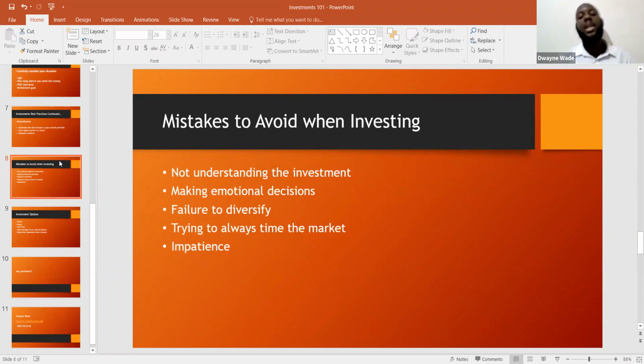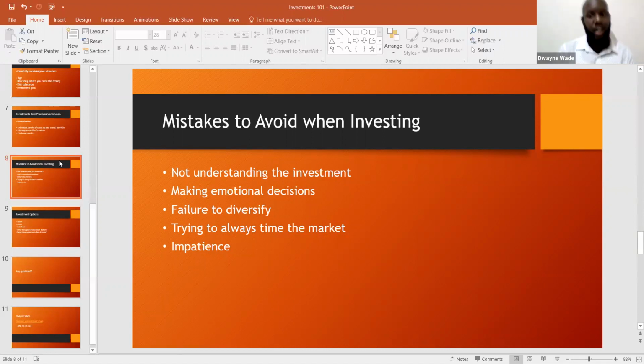So I believe if you fully understand what you're investing in, if you fully understand the product, it will greatly reduce the possibility of you being shocked or upset that the value of whatever it is that you have invested in has gone down, right?